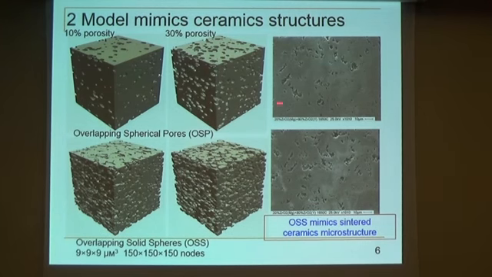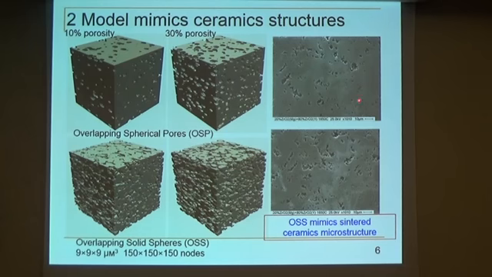When we look at the comparison of our model structure with experimental results, which were obtained by our colleagues from the Siberian Branch of the Russian Academy of Sciences, these zirconia ceramics were obtained using nanostructured powders.